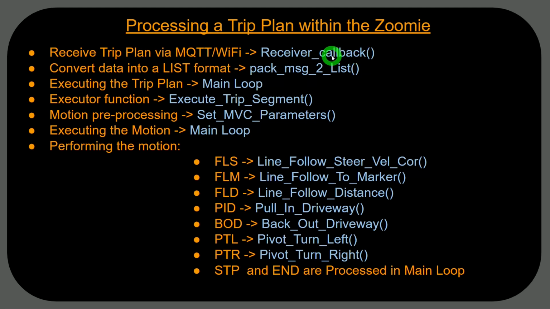Each time it receives a full trip plan segment bit of information, which is a full command, we will then convert that data into a list format so that it can be interpreted easier by another routine coming up. And that function is pack message to list. In other words, take that whole string of message data, put it into a list so we can work with the individual pieces of data within that string.